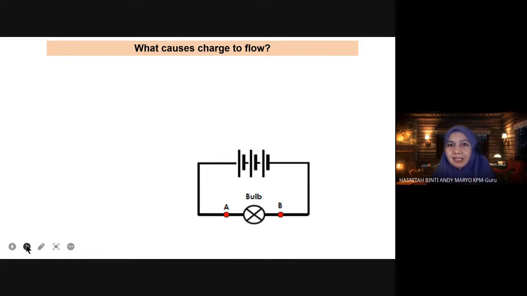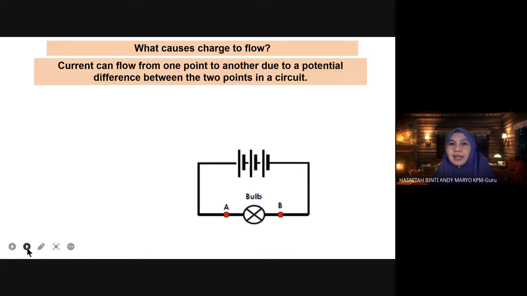Because there is a... what? In between the positive and negative terminal of the battery, what exists between them? Electron? No. We call it potential difference. So when there is a potential difference between the positive and negatively charged terminals, electron will flow.